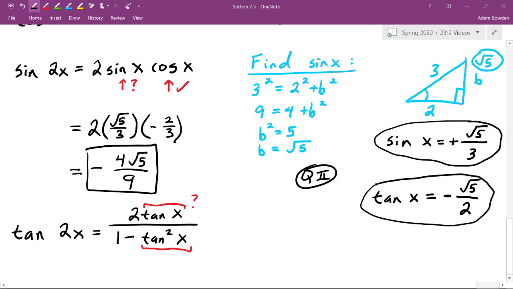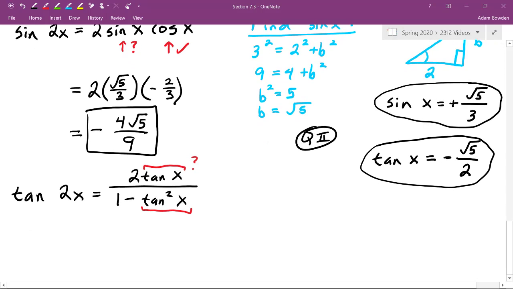So this is the number I need to plug in for tangent inside of this formula. It would go 2 times negative square root 5 over 2 divided by 1 minus negative square root 5 over 2, all raised to the second power.